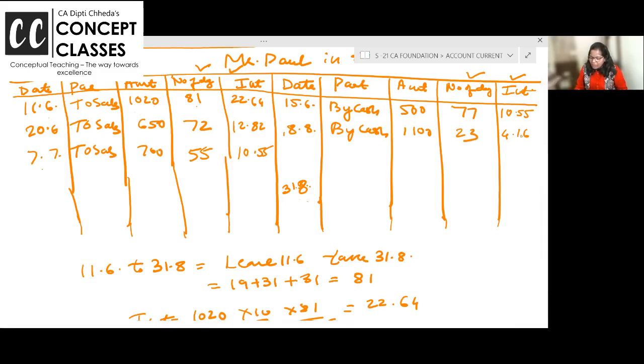Now first, you just balance the interest column. Interest का total करो. By balance of interest. Write down on the credit side.